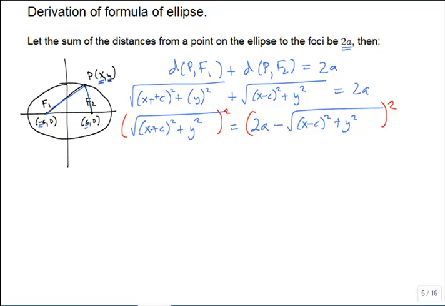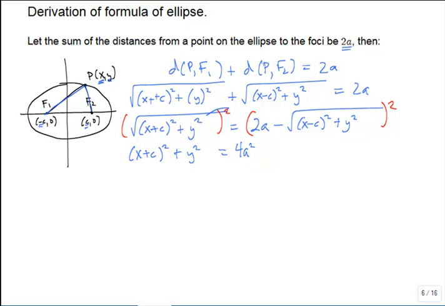If I square the left side, the square root just disappears, and I get the quantity x plus c squared plus y squared. On the right side, it's not that simple. We don't just get to square the 2a and the square root, because you have to FOIL. So there is going to be a middle term. We will get the 2a quantity squared, which becomes 4a squared.